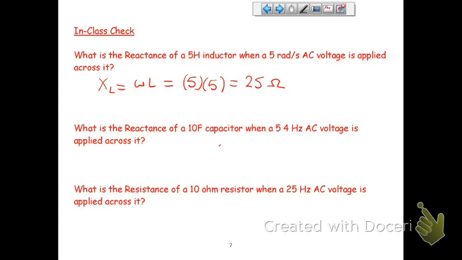And I understand that, but it behaves just like resistance. And then what is the reactance of a 10 farad capacitor? So X_C is equal to 1 over omega C. And then I put it in hertz, didn't I? So omega equals 2 pi f, so 2 pi f times C. So this is 1 over 2 times pi times f, which is 54, times C, and C is 10.